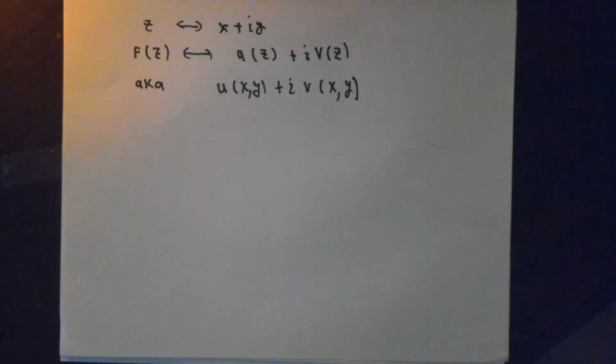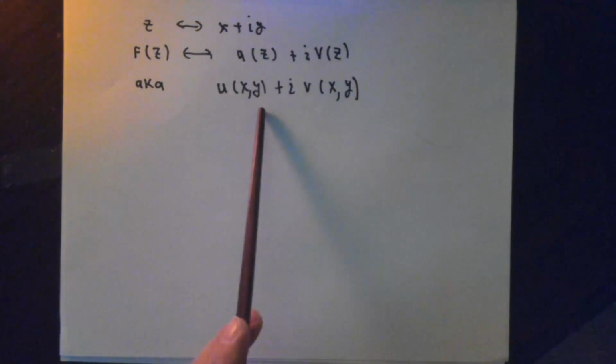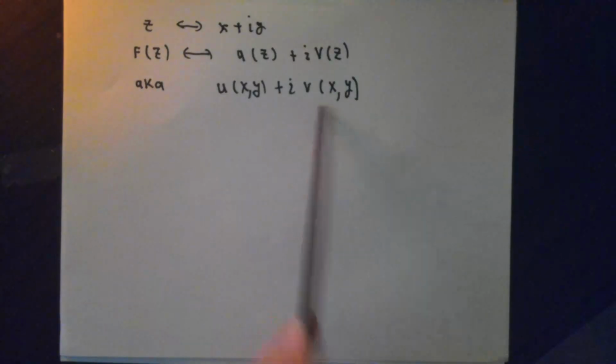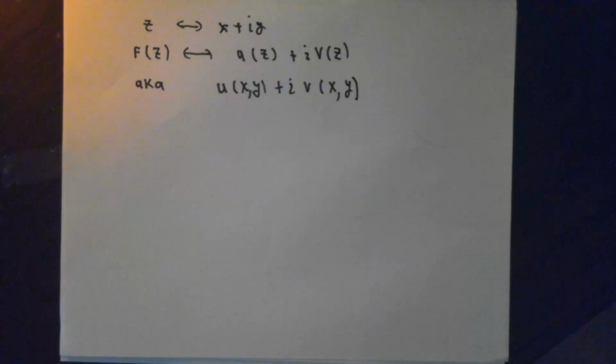F typically is a complex number, so it will have a real and imaginary part of its own. So one way that I could represent these kind of things is u plus iv, where I'm thinking of the u and the v as ordinary real functions of two variables.